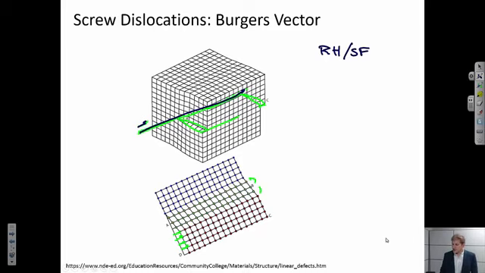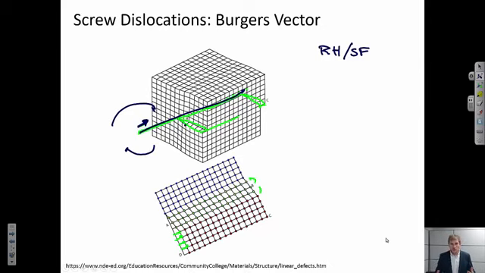Okay, so if I use the right-hand rule, I align my thumb along this screw dislocation. I've given it a direction here, so that's a sense vector. If I align my thumb along that, then I'm going to follow a path that goes in that direction. So let's say I start here.